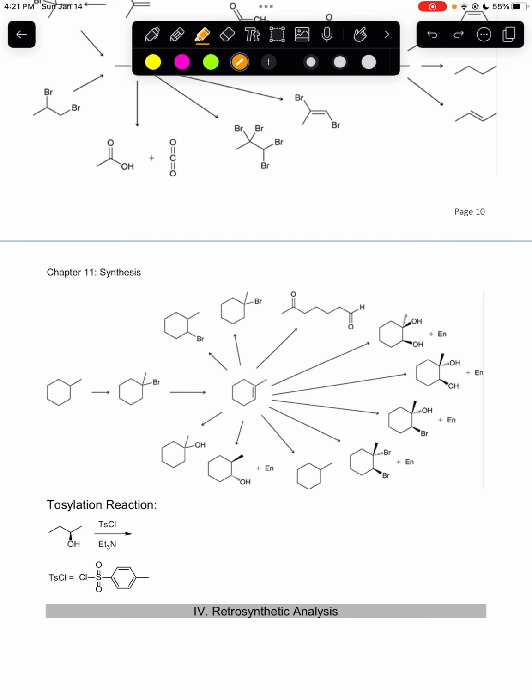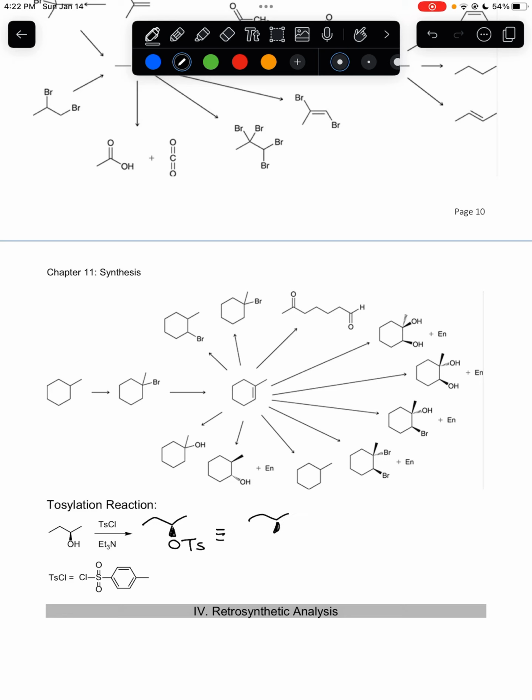And one thing that last semester I really wanted to cover, but maybe we didn't have time for, is how to turn an alcohol into a good leaving group by making it a tosylate. You might remember tosylate, or sulfonates, being a great leaving group, and you might remember seeing the tosylate group, which was often abbreviated like this, OTs, which is the same thing.